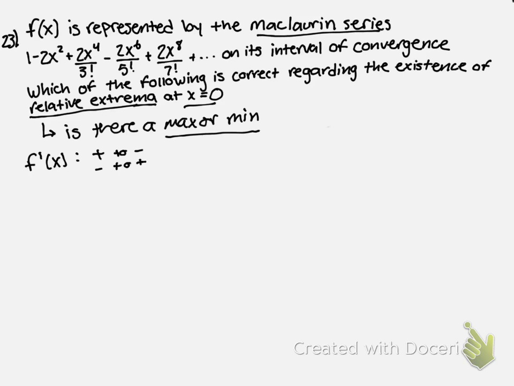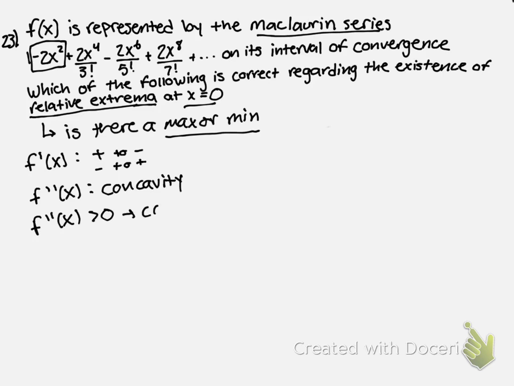But because we're given a Maclaurin series, we are also given what we know is f double prime of x. And when we think about f double prime of x, we know we are given our concavity. So if our f double prime of x is positive or greater than 0, we know that we have a concavity that is going up.